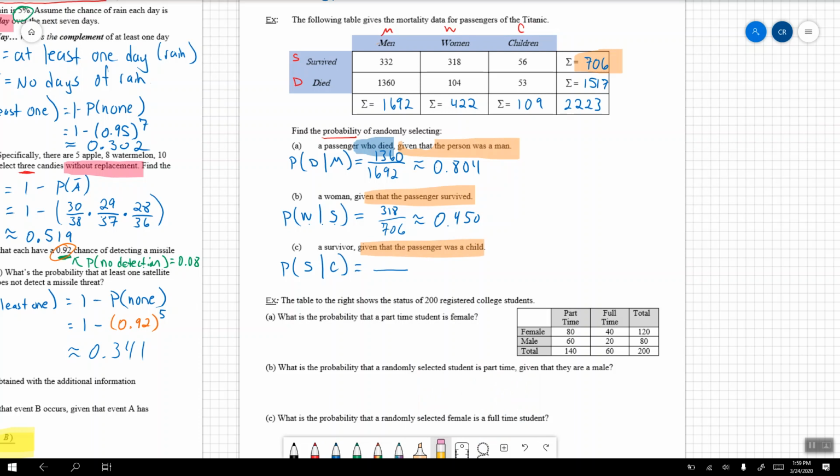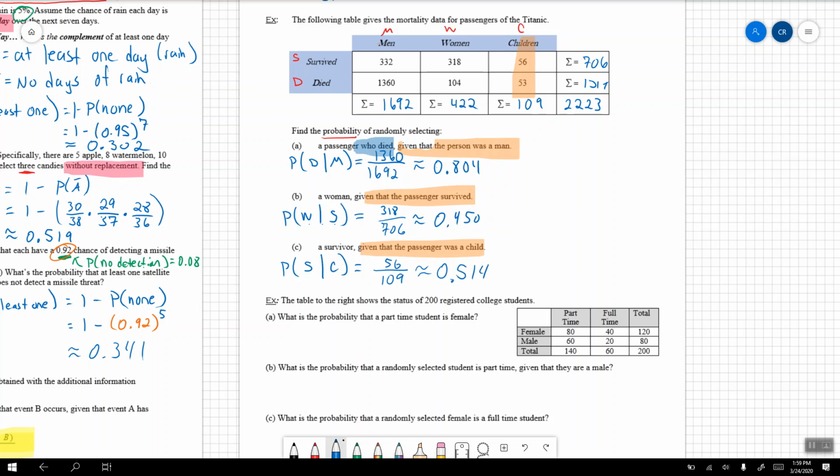So, how many of these passengers were children? That's his total, which was 109. How many of those survived? All right, survived 56. Nice, so it's 56 out of 109. That means that this probability was 0.514.